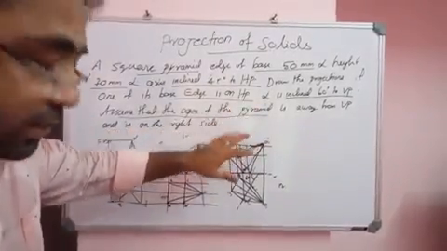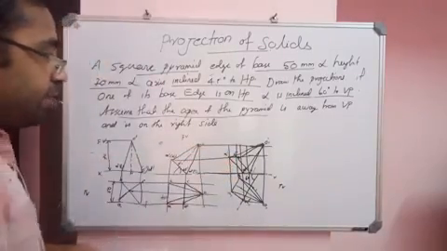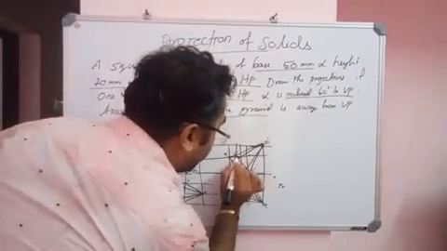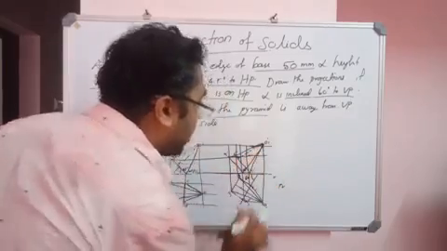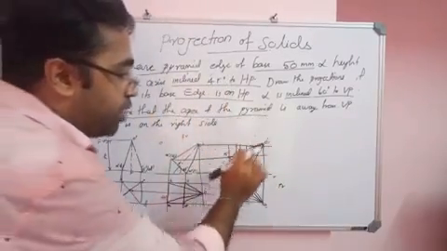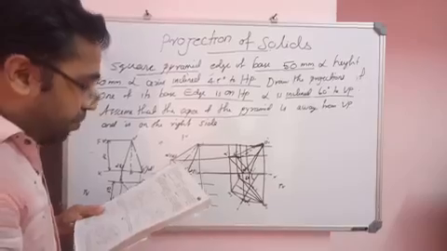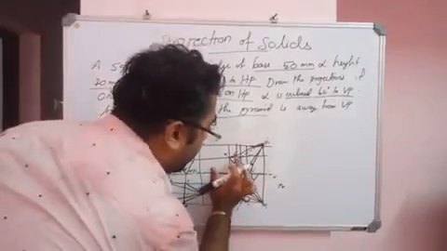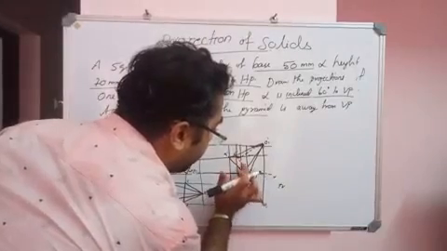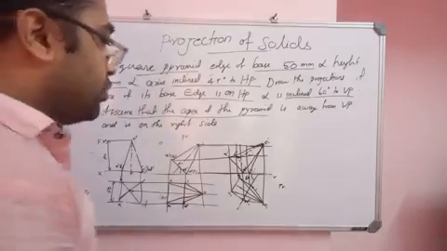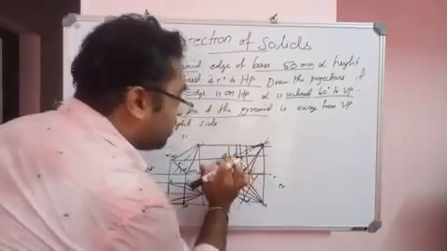And one more important thing is that A1 dash to O1 dash and D1 dash to O1 dash are the visible edges, but on the back side the D1 dash line is invisible. So you have to draw dashed lines to represent hidden lines. And this line, this one, is also a hidden line.